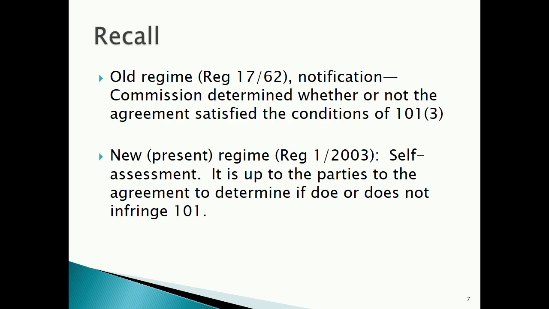In other words, a few days before the new regime came into place.